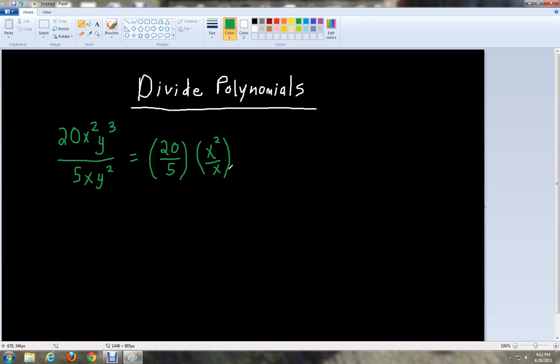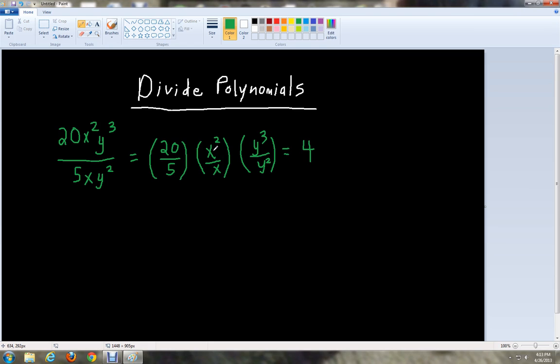That's for the variable x. And then for the variable y, we have y cubed divided by y squared. Okay, so that'll equal 20 divided by 5. That's going to be 4.